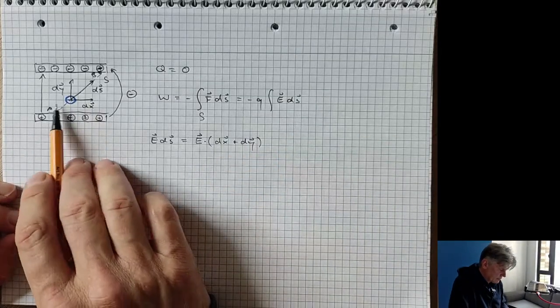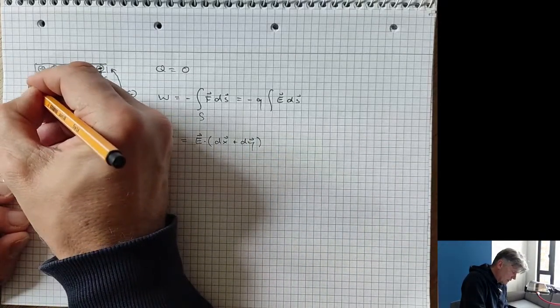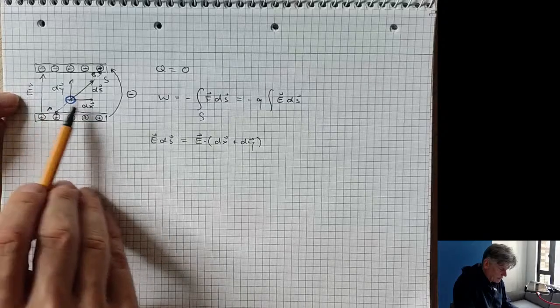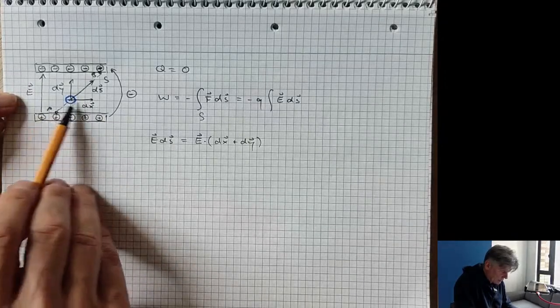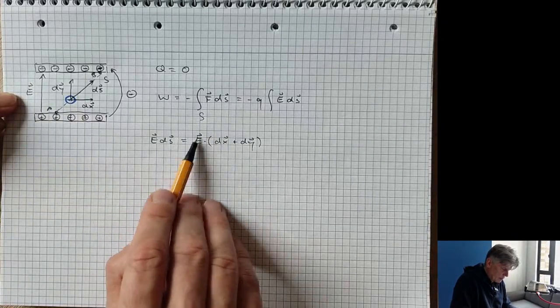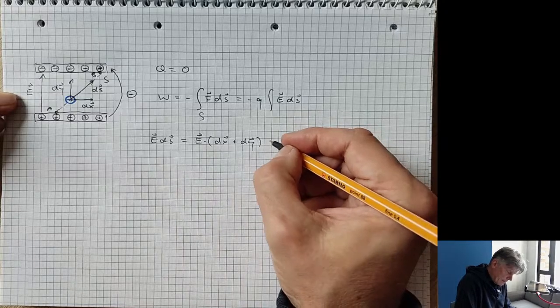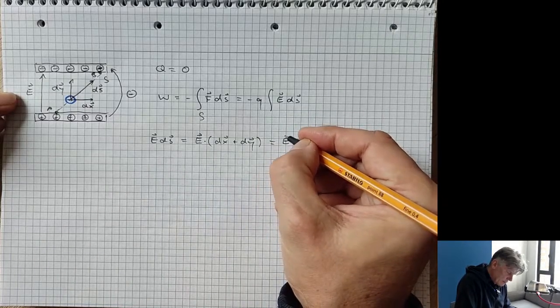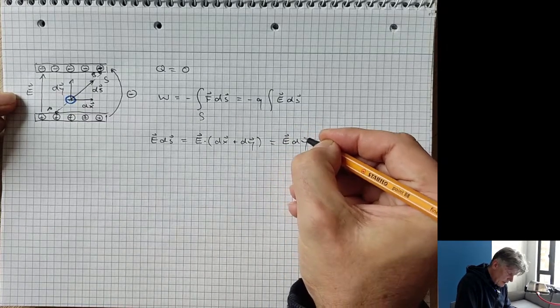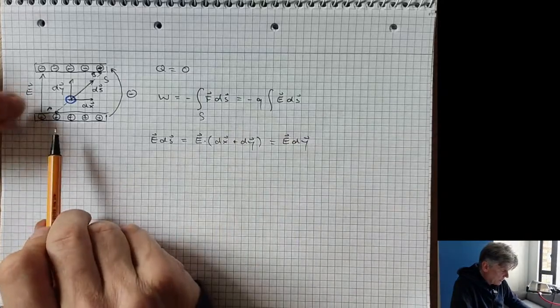And still, this is the electric field. You see, of course, the electric field and dx are still perpendicular. This component vanishes, which is then reduced to E dy. So now let's discuss E dy.